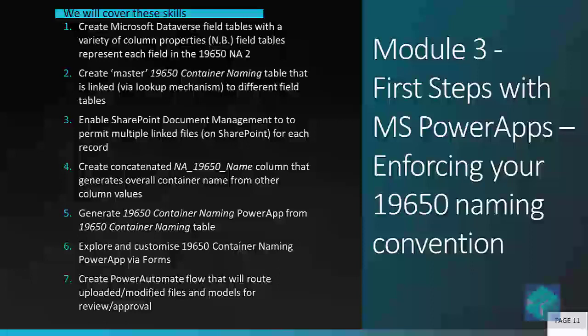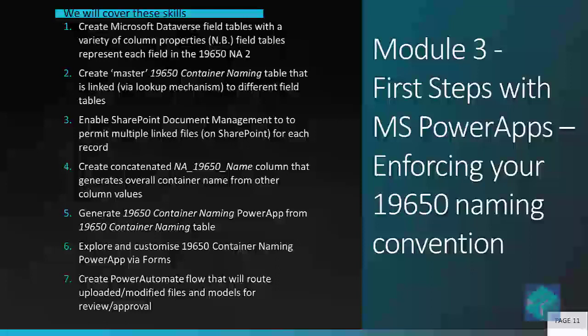The third piece is how you integrate SharePoint document management, so that you don't just have the record, but can also drag and drop the file into that record, so you've got the association between the actual file itself and the record that you're using in the Power App.